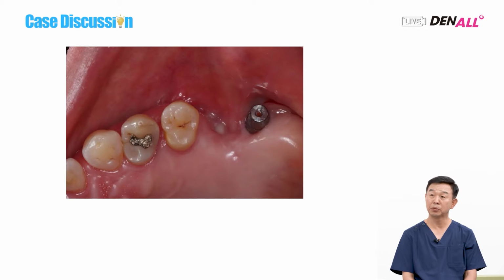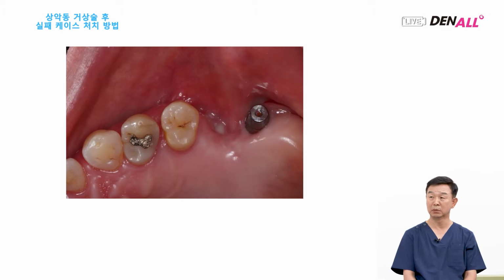I can see an oral antral fistula at number 26, and over that, suppuration is coming out after the sinus lift with sinusitis. Oral antral fistula has occurred as a complication. I believe this is a very complicated case.